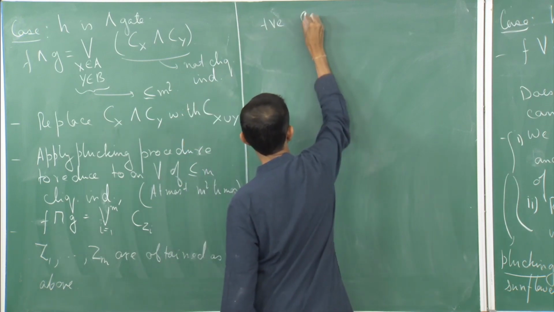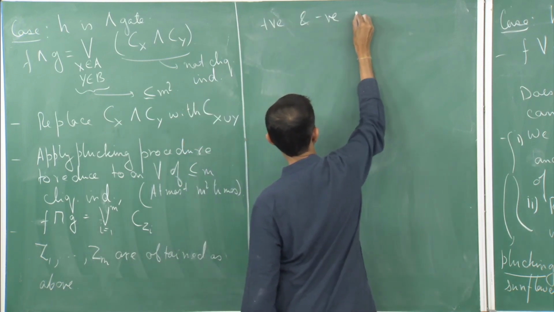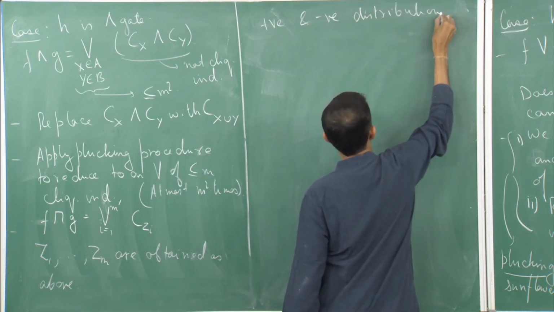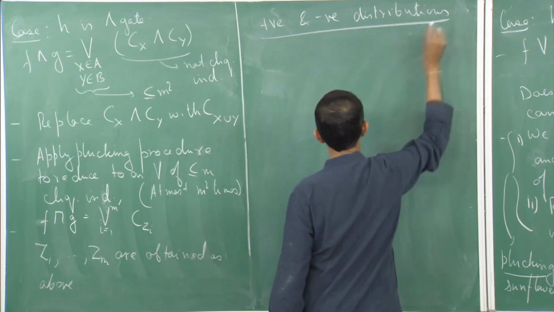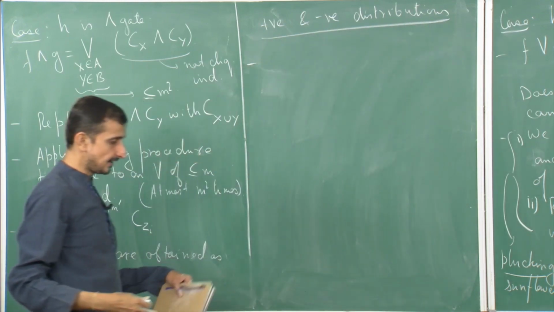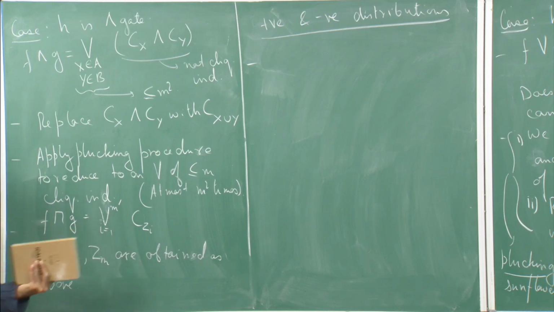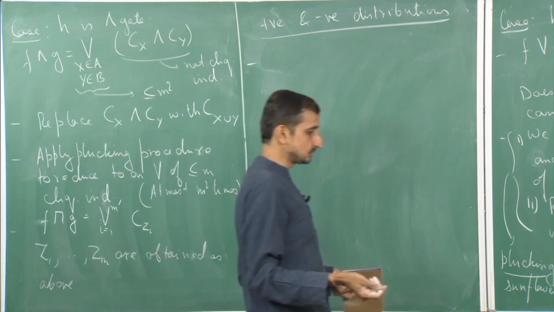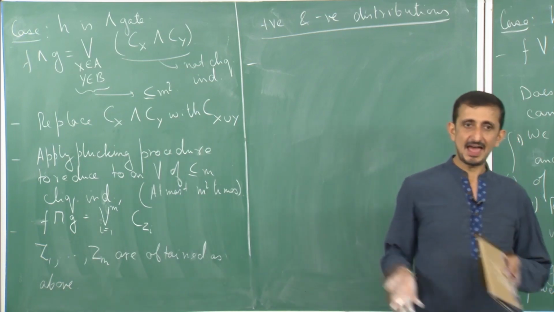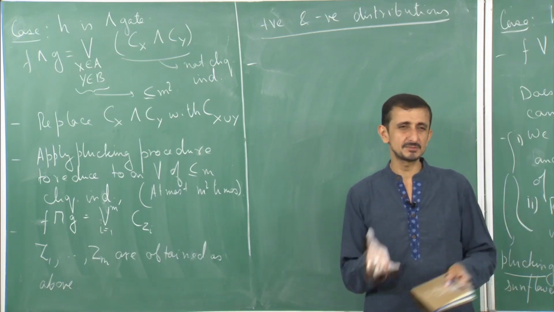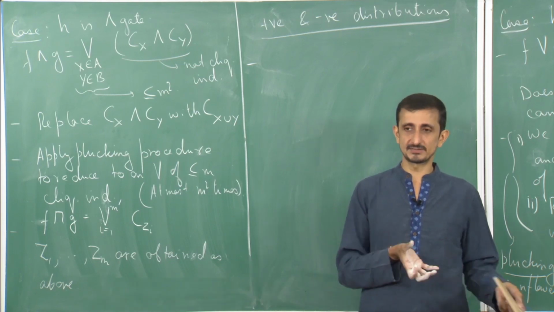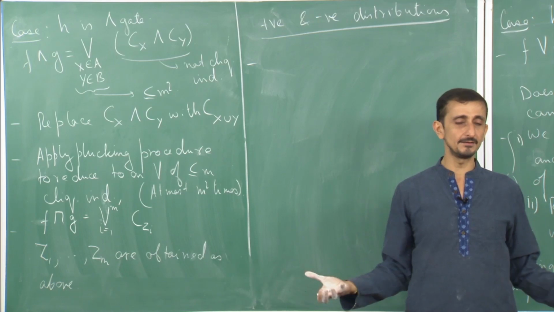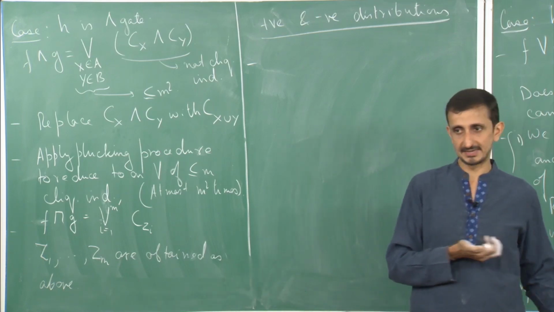Let's call it positive and negative distributions. What we will do is define two distributions on n vertex graphs. Positive distributions will be those graphs which are the smallest graphs that have a clique of size k. And negative distributions will in some sense be the largest graphs which do not have a clique of size k.